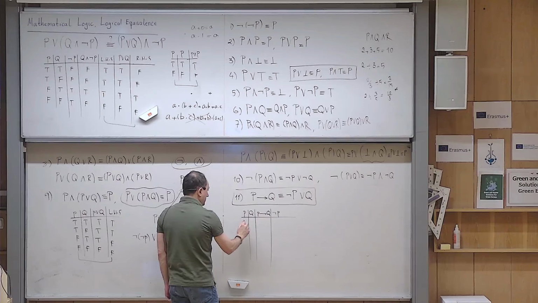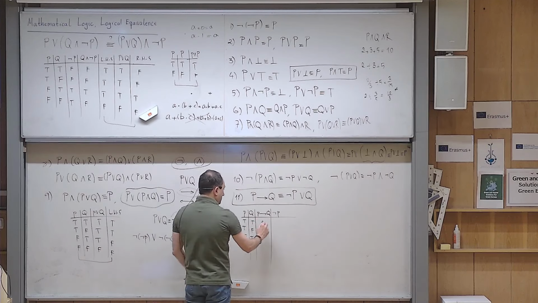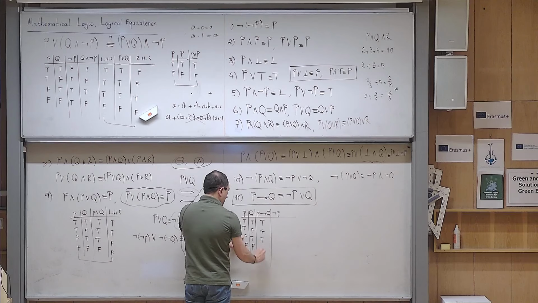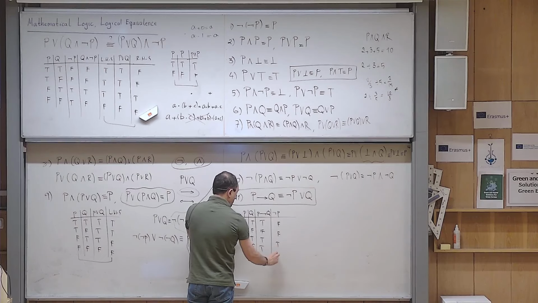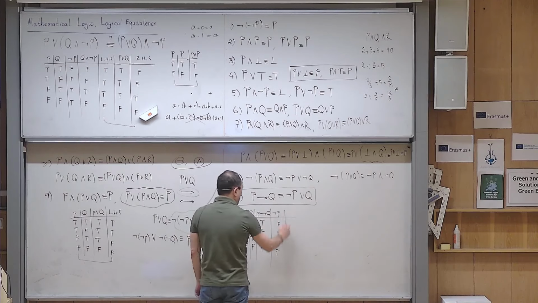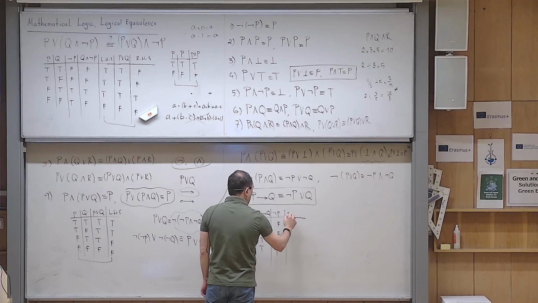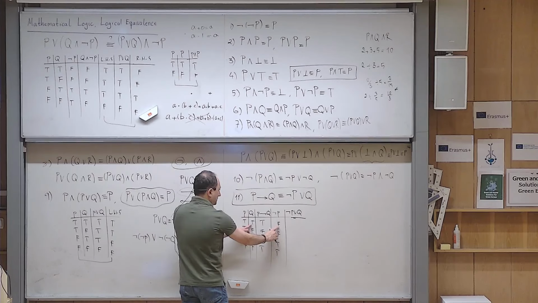So I can say that P is T, T, F, F. Q is T, F, T, F, and the conditional is T, F, T, T. Not P is F, F, T, T. And then I have it here, not P or Q, so I have the disjunction between these two.